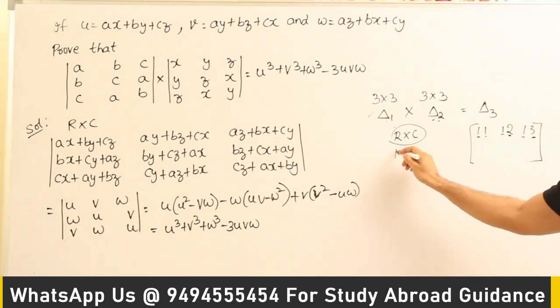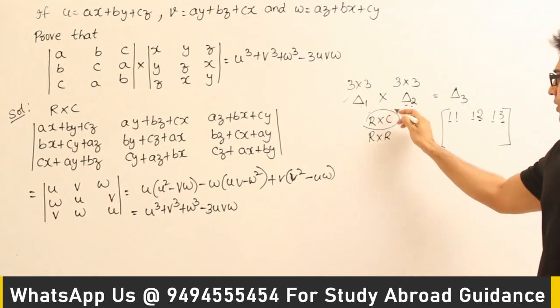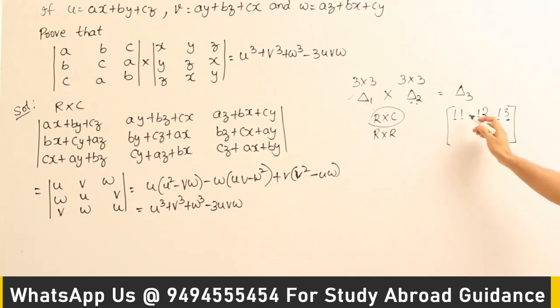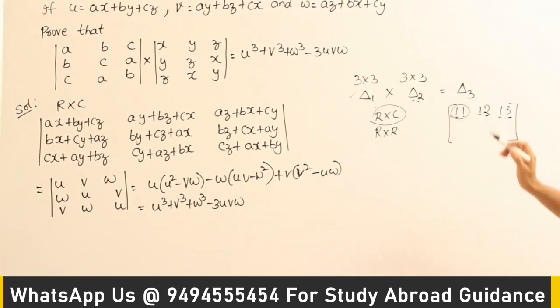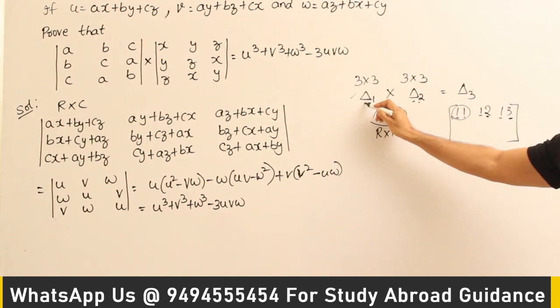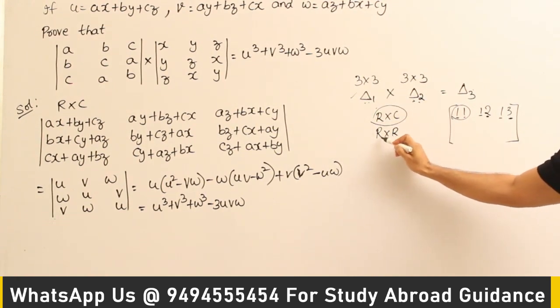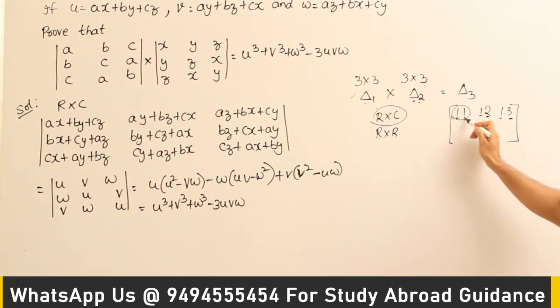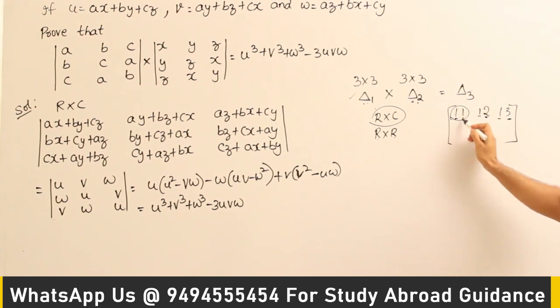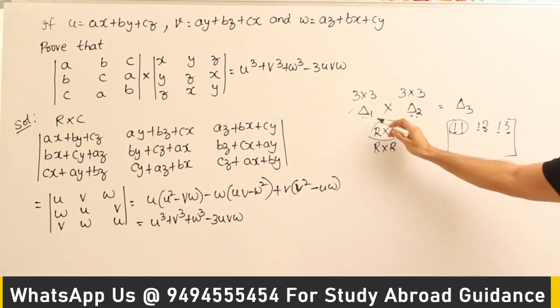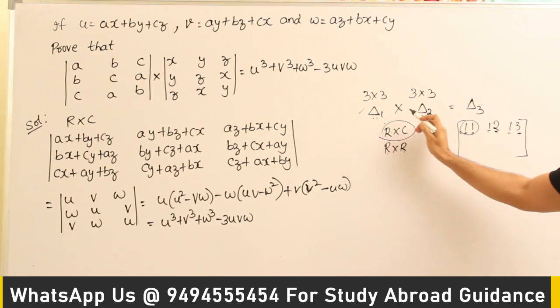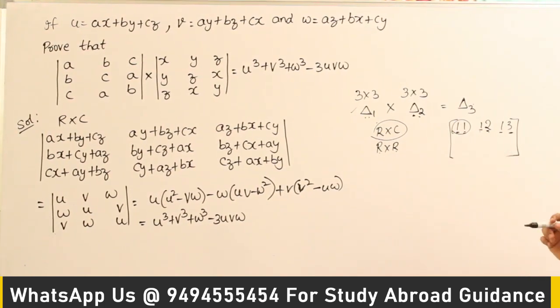In case you are talking about row by row multiplication, in order to get the product, if you want the 1 1 element of delta 3, then take the first row of delta 1 and the first row of delta 2, because it is row by row, right? And you get this element. And in order to get this element, take the first row of delta 1 and the second row of delta 2 and you get this.